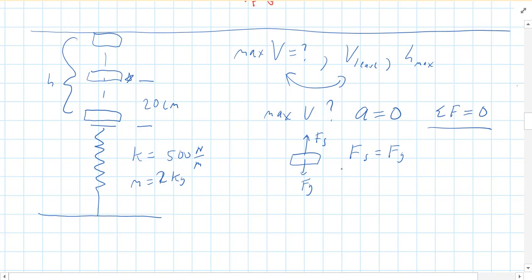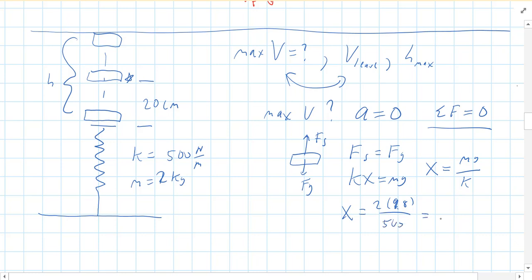Now, we're just looking at magnitudes here. There's no signs or anything. So we get kx equals mg. So the point at which the book reaches its max velocity is whatever that value of x is. For this problem, I want to go ahead and plug the numbers in. The mass of the book is 2, gravity is 9.8, and the spring constant is 500.